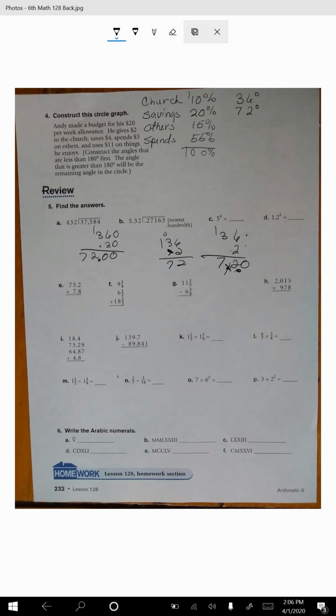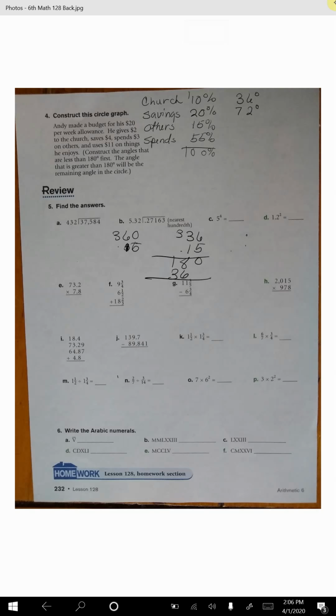Okay? The others that he spends 15% on. So you're going to do 360 times 0.15. And to make my life easier, I'm going to do 36 times 0.15 and add the 0 in later. 30, 15, 18, 6, 3, 0, 14, 5.